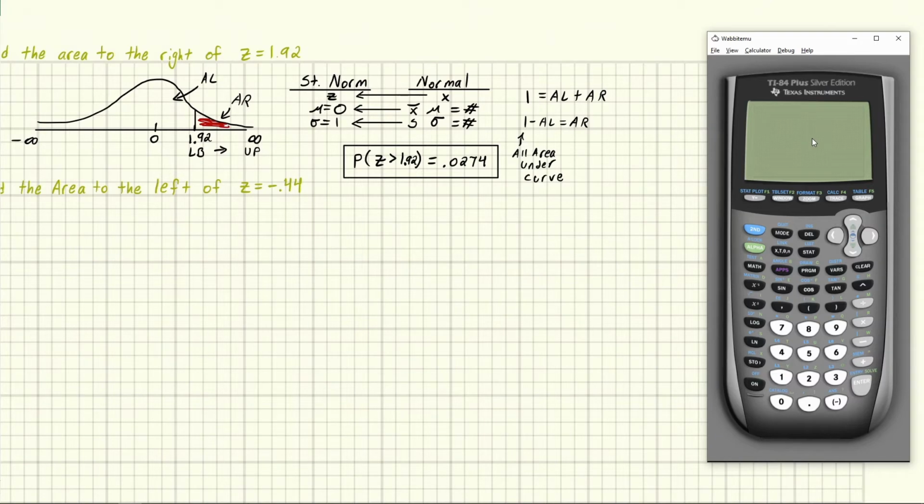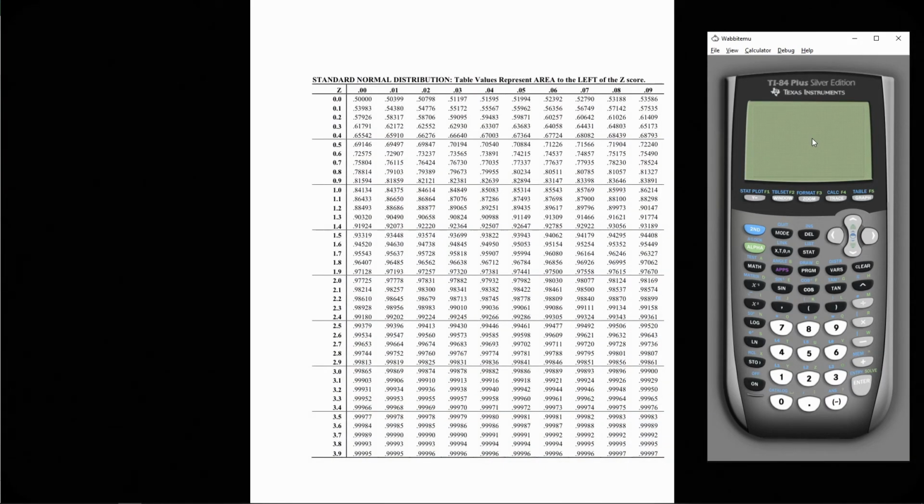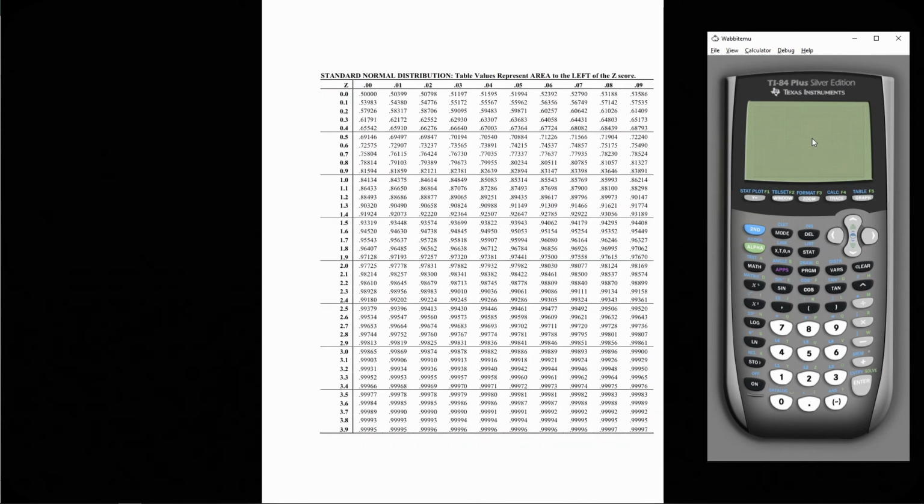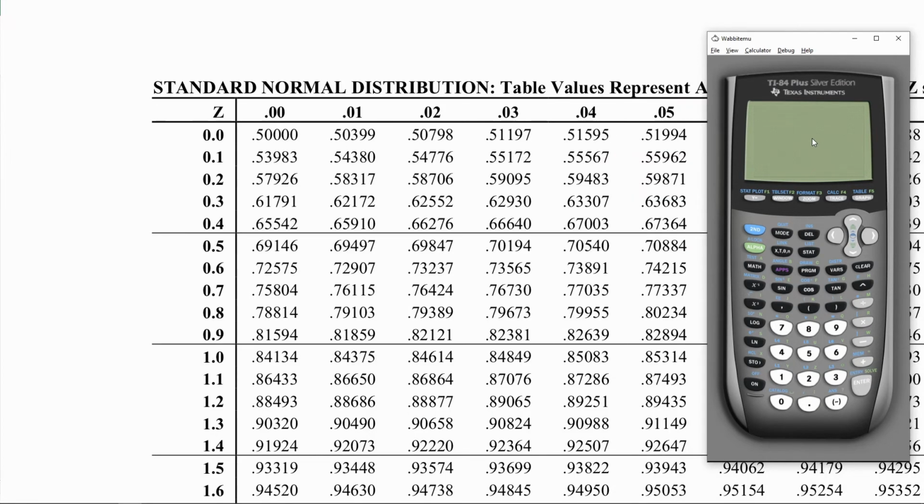So we want to look up 1.92 on our chart. So go ahead, go to your z-score chart, and we're going to just write out what we want here. There's a positive side and a negative side. We are dealing with a positive z-score, so we go to the positive side. And our z-score is 1.92. The way this chart works is the first digits, 1.9, go to this column. The last digit, 2, goes to this top column.